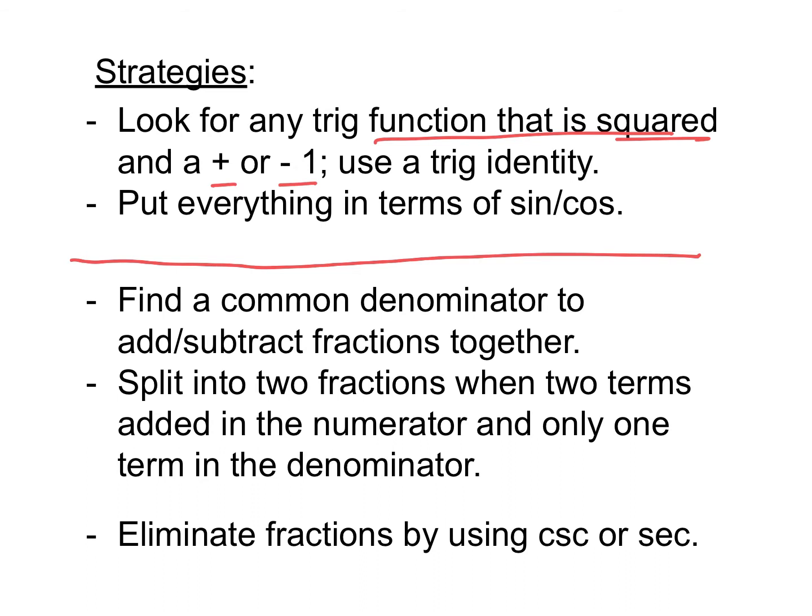And if that's the case, we're going to use one of the trig identities that we just developed from that previous slide. The next strategy is to put everything in terms of sine or cosine. So using the reciprocal functions and the quotient functions to put everything in terms of sine or cosine. The other three right here, we will do tomorrow.